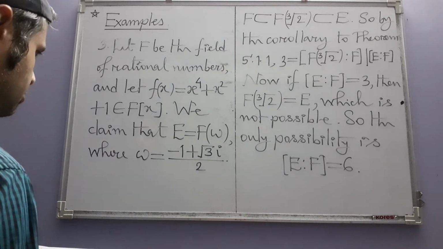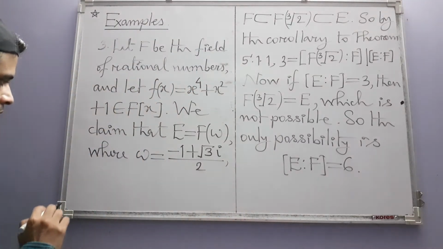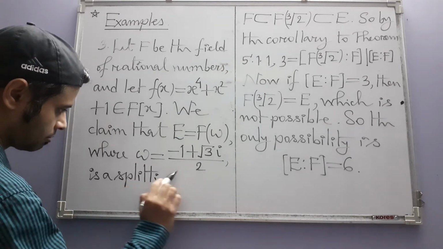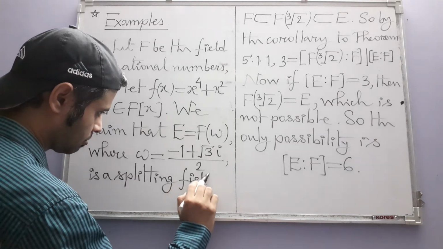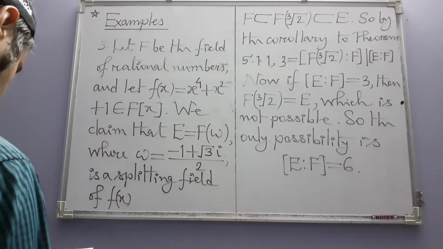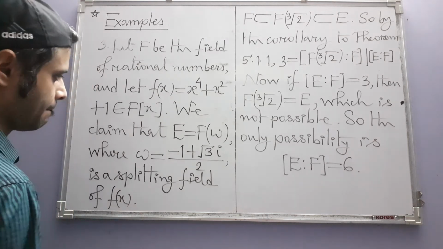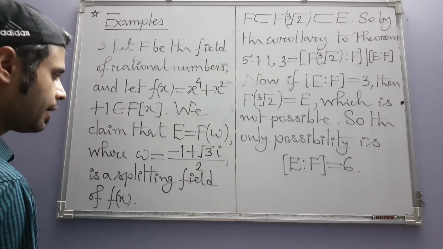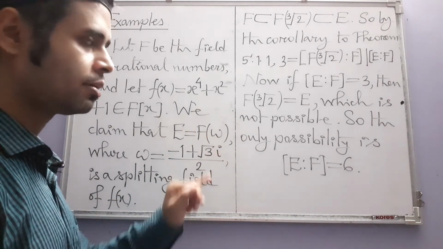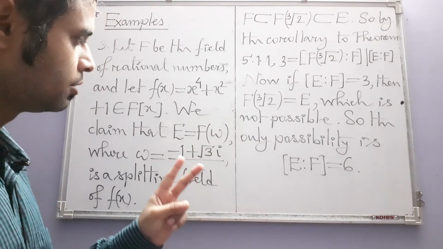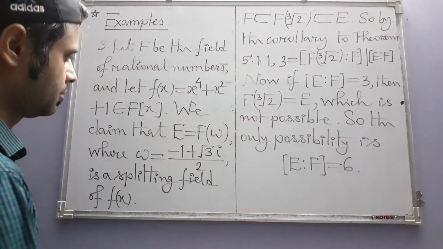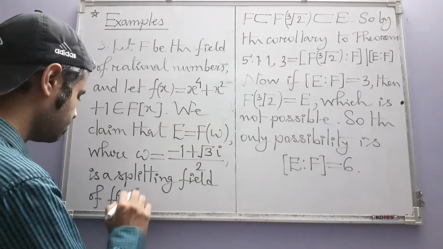We claim that E equal to this is a splitting field of this f(x), and it turns out that this omega is actually algebraic over the field of rational numbers of degree 2, so that from one of the results that we saw in the first section itself, the degree of E over F will be equal to 2.